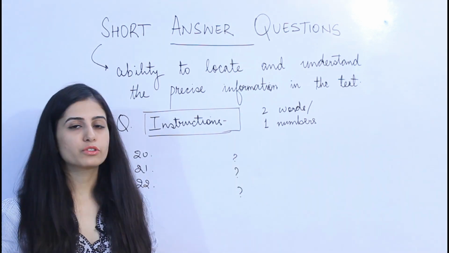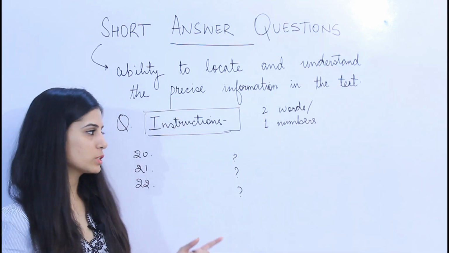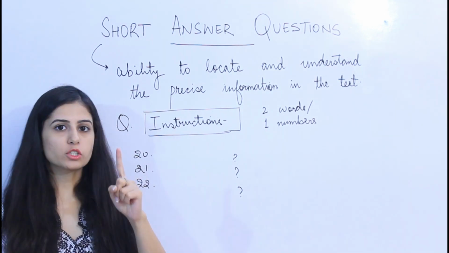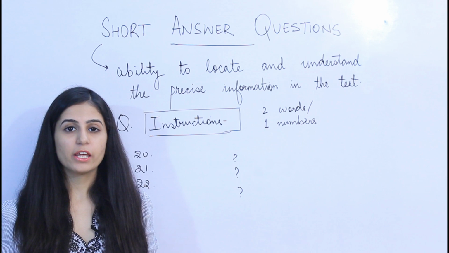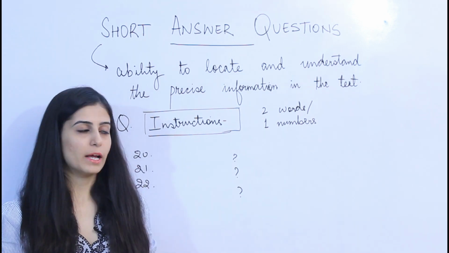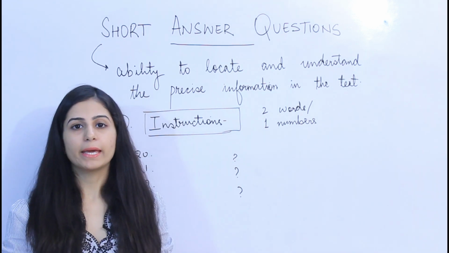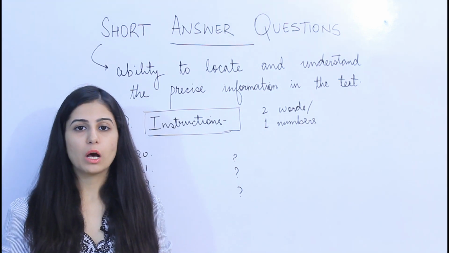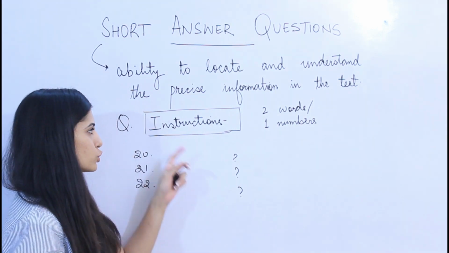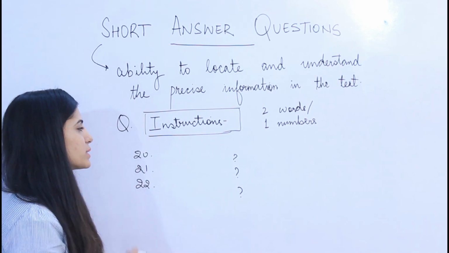For example, the instruction says that you have to answer the questions in just 1 word. Then if you write more than 1 word and if you do not follow the instructions, your answer would become incorrect and you would lose out on 1 mark. So do not do that whenever you're addressing such questions.